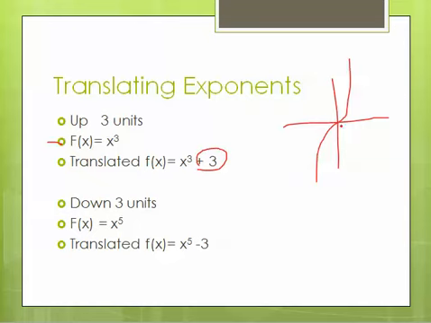That's actually going to move this 3 units down to right here, and it's going to go like this. Okay? If you subtracted 3 from it, it's actually going to move it up 3 units. So it's going to go like this. Okay? So that's the way that you translate them up and down.